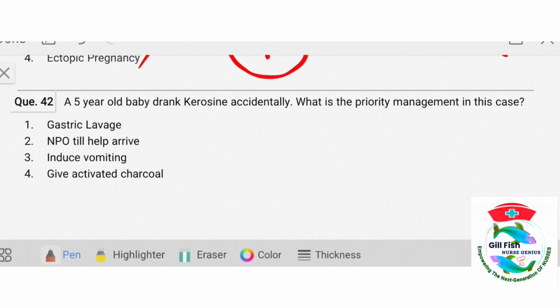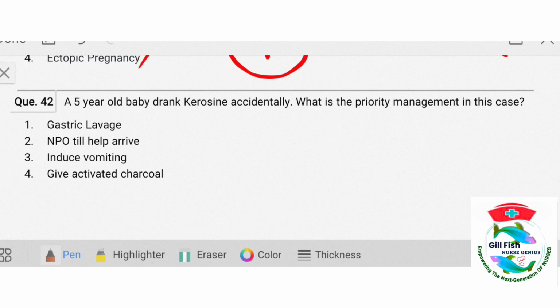A 5-year-old baby drank kerosene accidentally. What is the priority of management in this case? Option 1 gastric lavage, option 2 nil per oral till help arrives, option 3 induce vomiting, option 4 give activated charcoal.